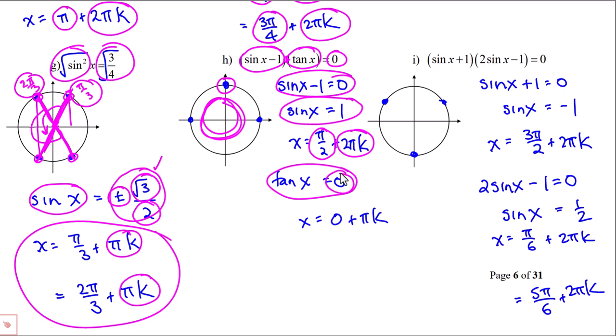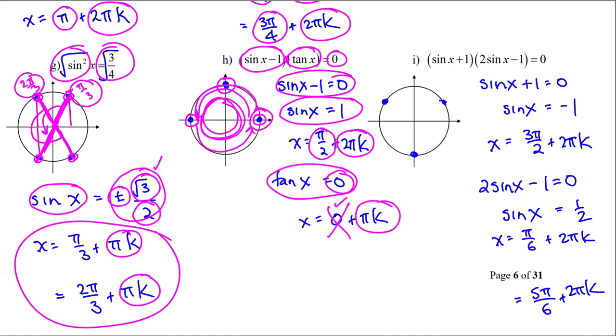Well, that's when y is 0, because tangent is y over x. So here and here. So I can say it's this one, and I'm just going to write the 0 just for the explanation. And then the next one is pi, and the next one is pi, and the next one is pi. And you're right, I don't have to add 0. But I do it to give you a starting point, so it's going to, I hope, make sense.